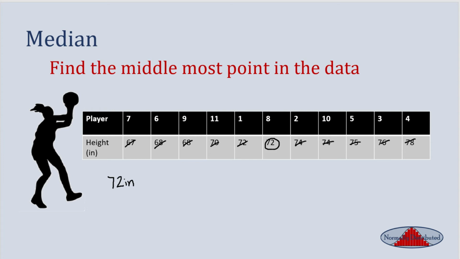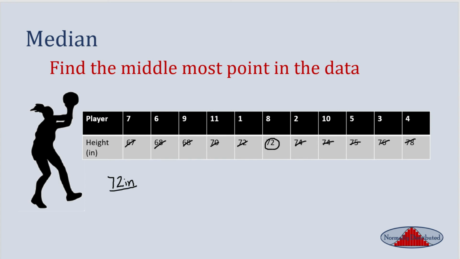So let's say we had 12 people on the team and you were left with 72 and 73 as your two middle points. So what you end up doing is you just take the average of that, which would be 72.5, and you would call that your median. In our case, though, we won't do that. We decided to have an odd number, and that gives us a single point in the middle of 72 inches.